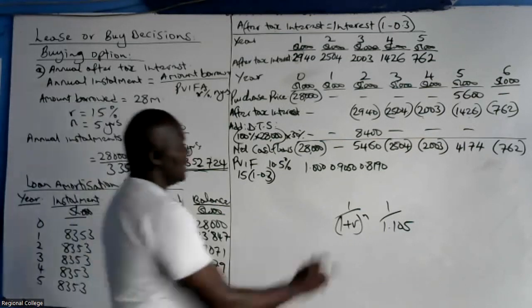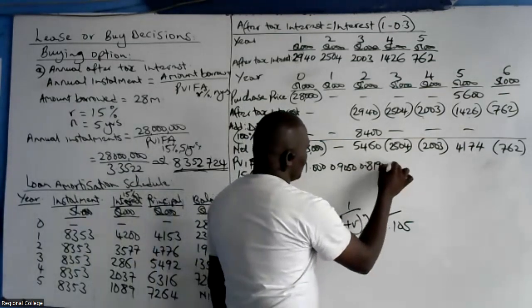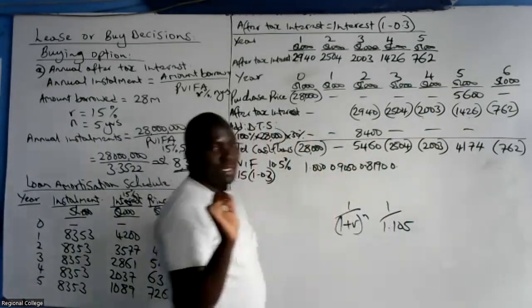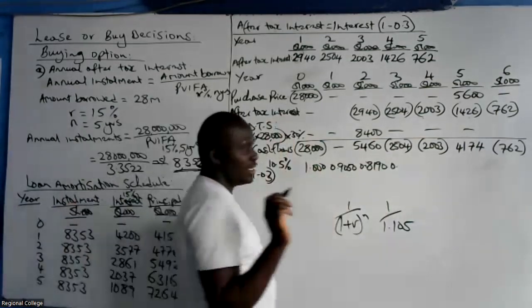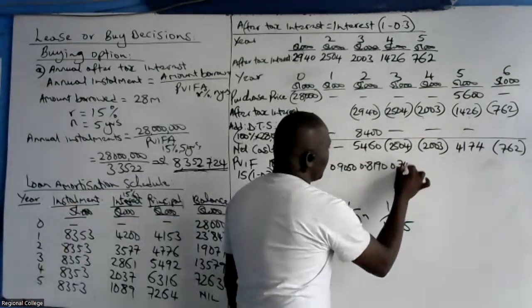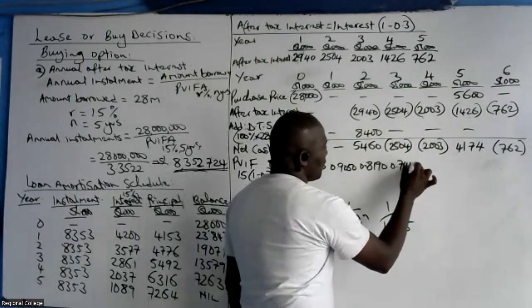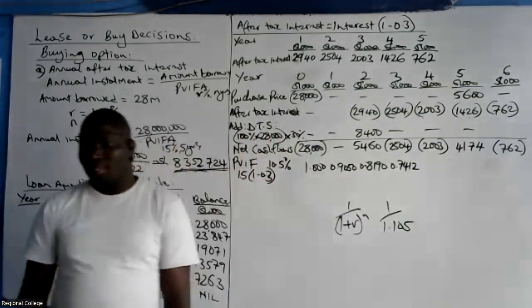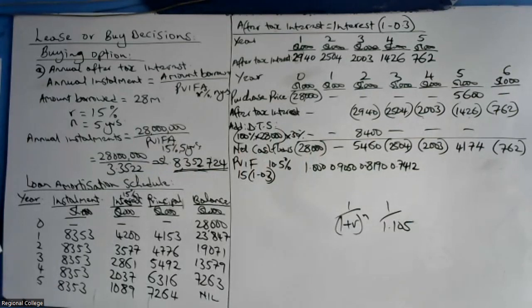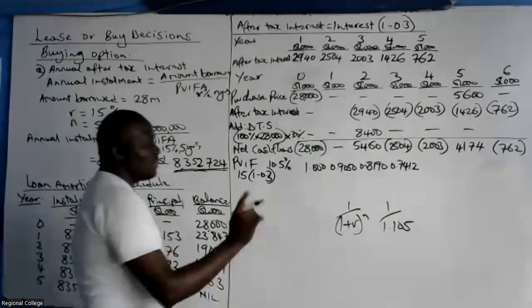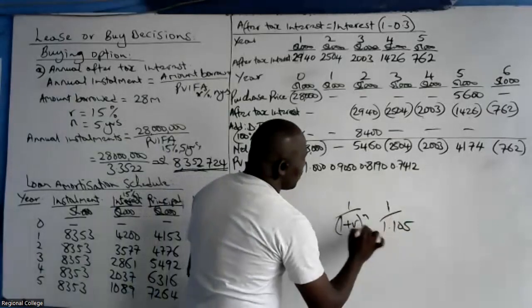Year 3 is 0.7412. This is the approach I'm trying to put across, since we're using scientific calculators. Clear. In the first year I do 1 divided by 1 plus r.